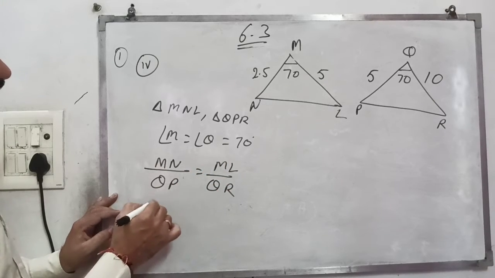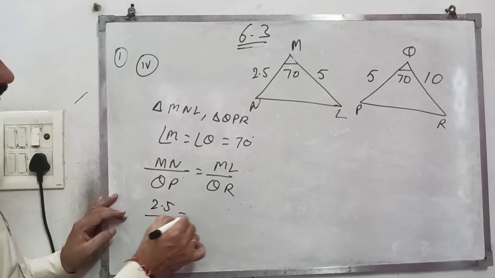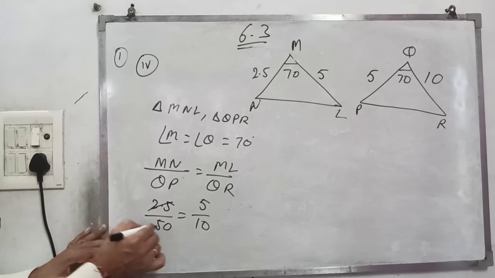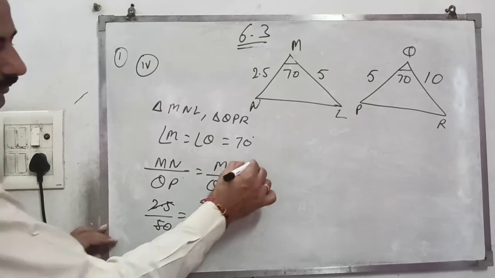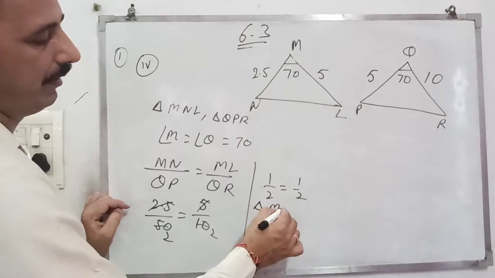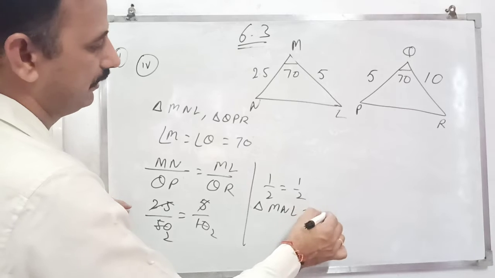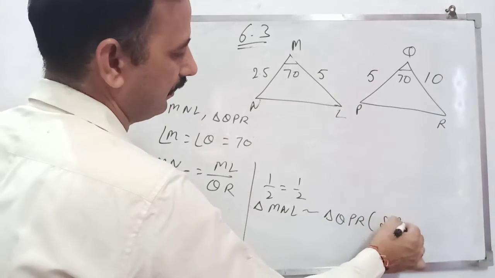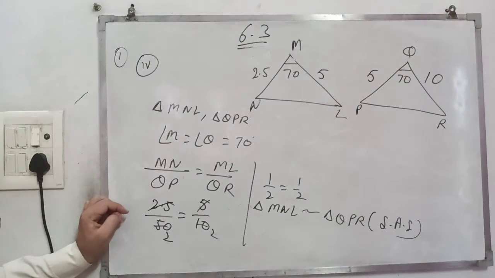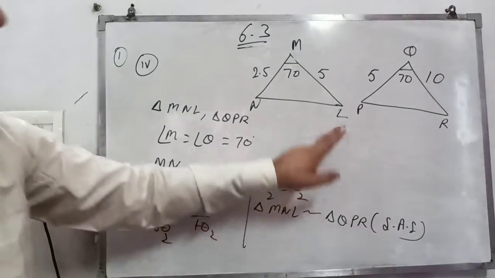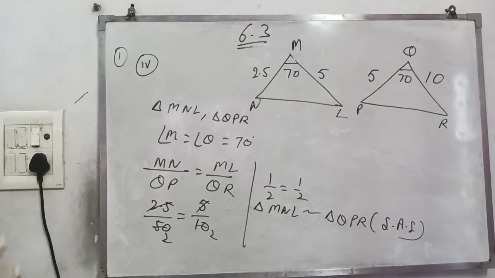So 2.5 upon 5, that is 5 upon 10. So this becomes 1/2, that is also 1/2. So 1/2 equal to 1/2. So triangle MNL is similar to triangle QPR by SAS, the ratio of two sides and one angle. Okay? So here we use the ratio of two sides and one angle.